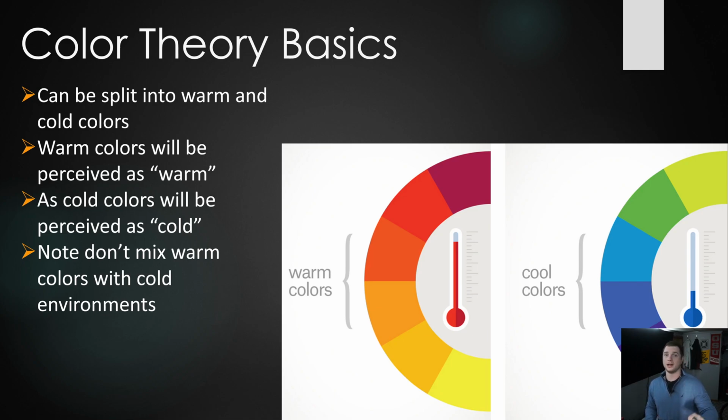So what I mean by that is don't have a snowy winter wonderland going on and all your colors be oranges and yellows and reds. It's not going to work out for you. It's just going to look weird. And the same thing, vice versa over here. Cool colors. Don't have a beach and then have this violet and dark blue as a main color scheme for your website. Okay.